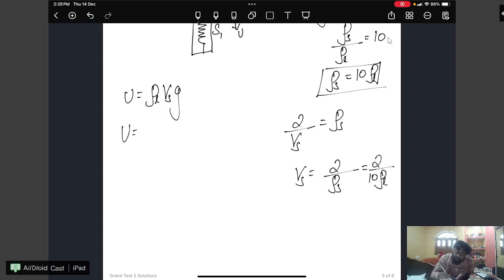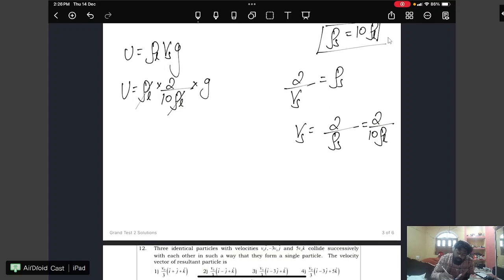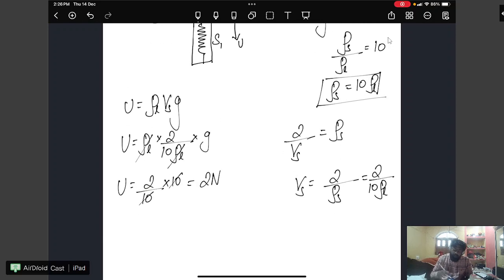Upthrust will be density of liquid multiplied by volume of solid, which is 2 upon 10 times density of liquid, multiplied by gravity. Rho L cancels. Now upthrust is 2 upon 10 into gravity 10, so 2 Newton is the upthrust. We found it.